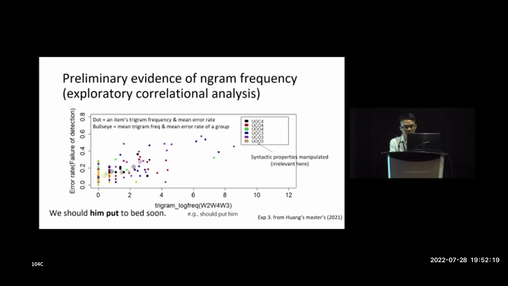Each dot plotted here is an item's log trigram frequency and its mean error rate. And each box here is the mean log trigram frequency for each syntactic condition and the mean error rate of that condition.